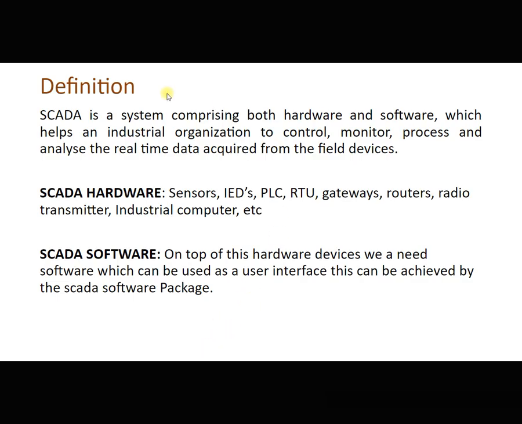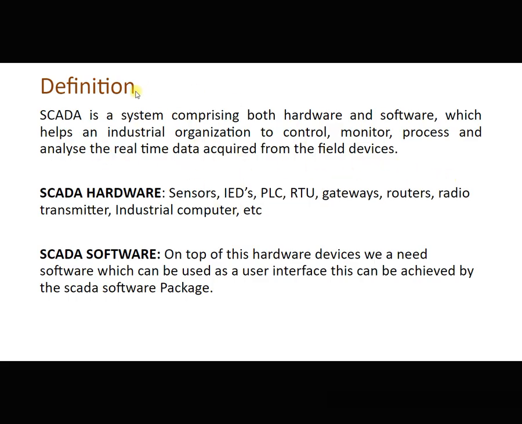So now, what's the definition of SCADA? SCADA is a system comprising both hardware and software, which helps an industrial organization to control, monitor, process, and analyze the real-time data acquired from the field devices.